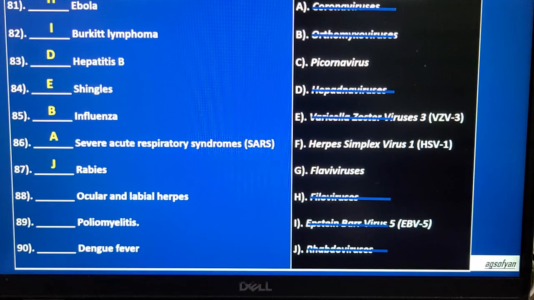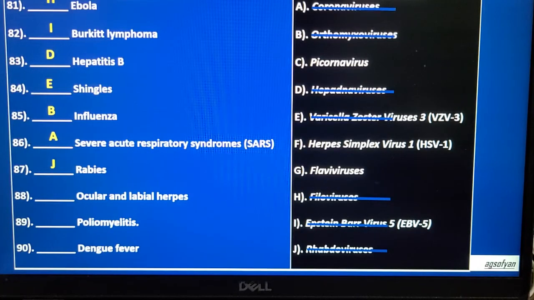Ocular and labial herpes. This type of herpes infection will be around the face. So it's going to be caused by number 1, which is herpes simplex virus number 1. Number 2 is the one that causes infection in the genital area.